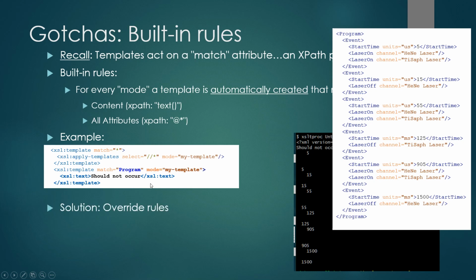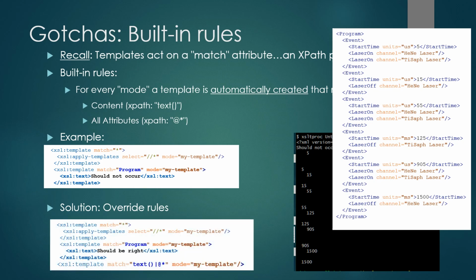Okay, how do we fix this? The answer is, now that you know that these rules were done without your permission, you can override them. And override is very simple. Here's the same program again with a slight tweak. We added a new template called myTemplate with a new match of text and any attribute, the two default rules that were screwing us up.